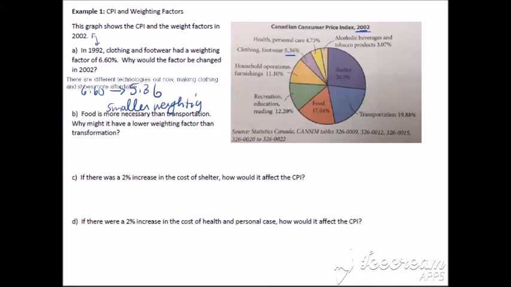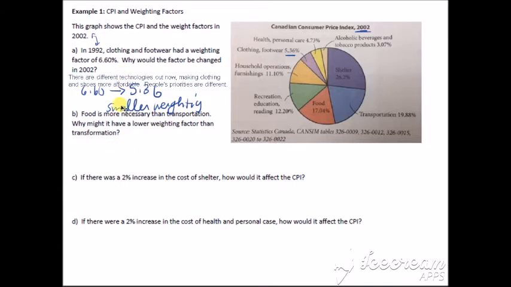Another reason is because maybe people's priorities are different than maybe shoes and clothing.